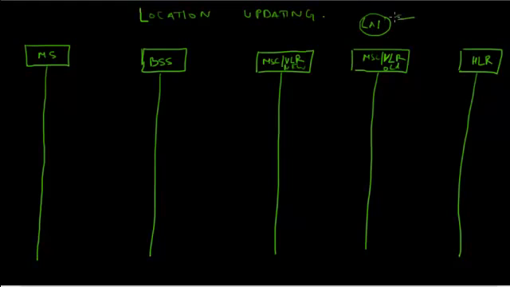So when it sees that the location area identifier broadcast by the BTS on the broadcast channel is different, when the mobile compares the LAI in the SIM with the LAI in the broadcast channel and finds a difference, it automatically assumes that it has changed its location area, and it starts a location area update. Now we're going to see how it happens.